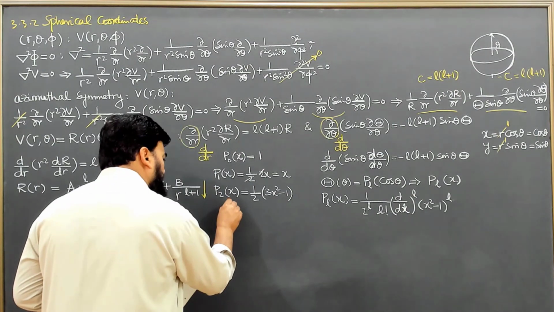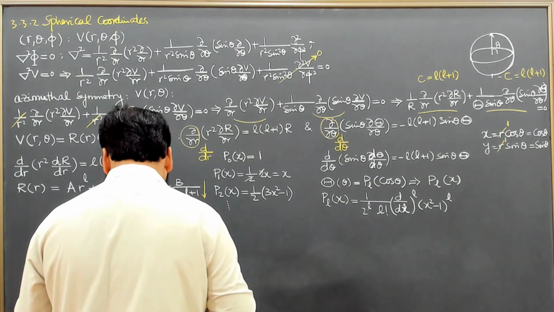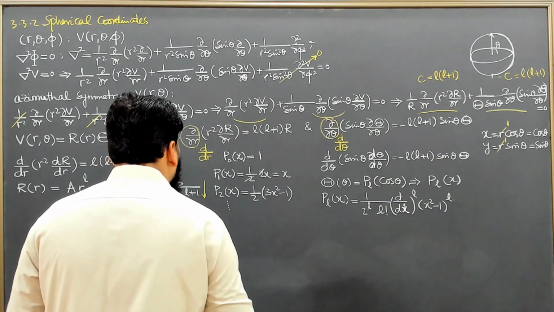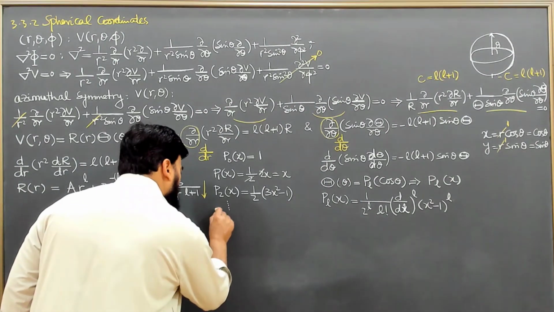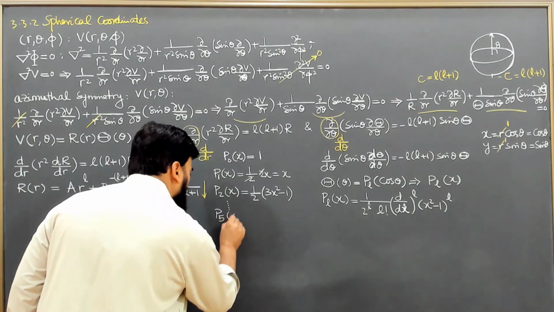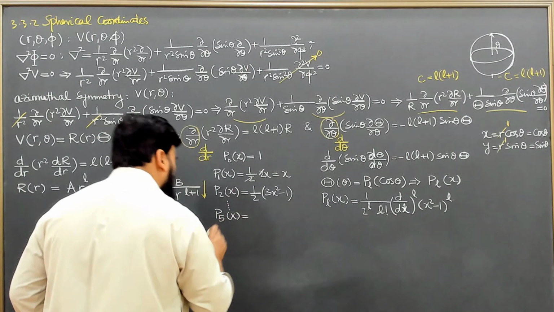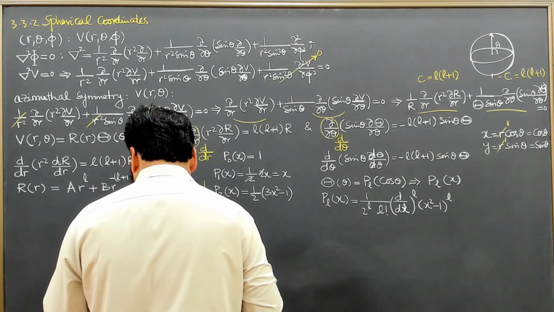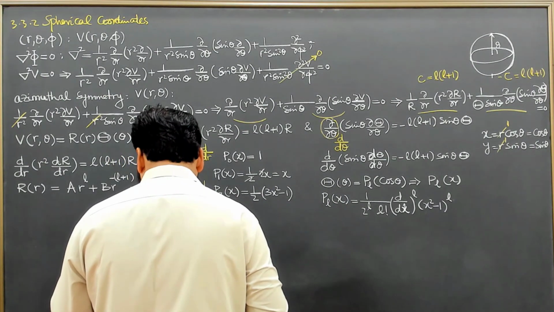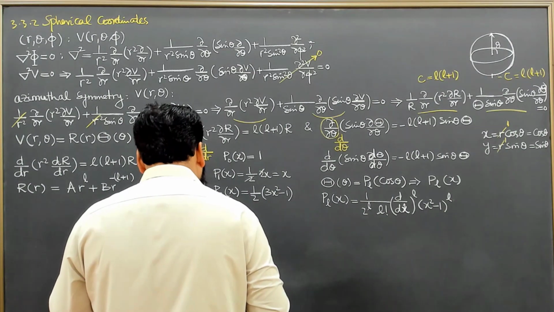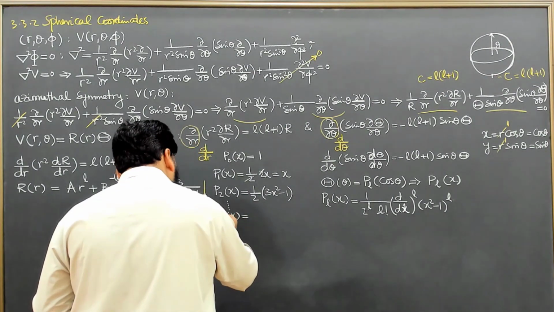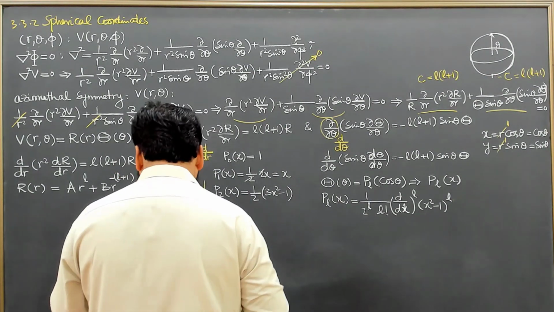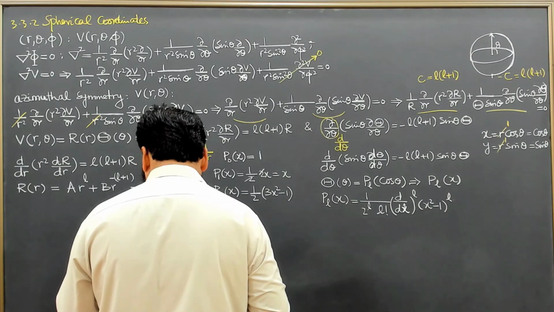Similarly, you can calculate all the polynomials, like I am writing here, per your book, P5 of x. You can verify them. There is no concept involved here, you just have to do the calculations, only hard work is there.